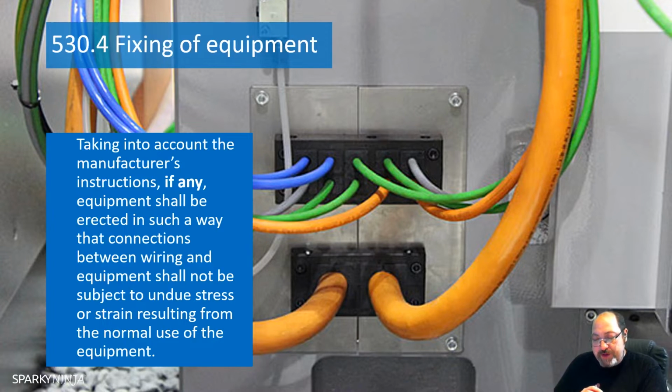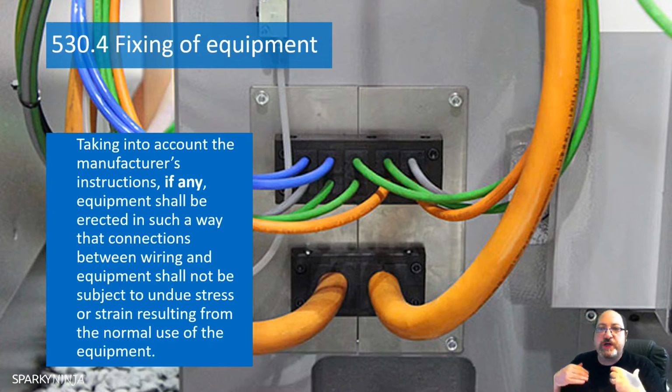530.4, fixing of equipment. Take into account the manufacturer's instructions, if any. I don't like that, if any, really, because there should always be some form of manufacturer's instructions. The equipment shall be erected in such a way that the connections between the wiring and the equipment shall not be subject to undue stress or strain resulting from normal use of the equipment. Again, we need to remember some of the first things that we talked about back in assessment of general characteristics and all this stuff, the selection and erection.